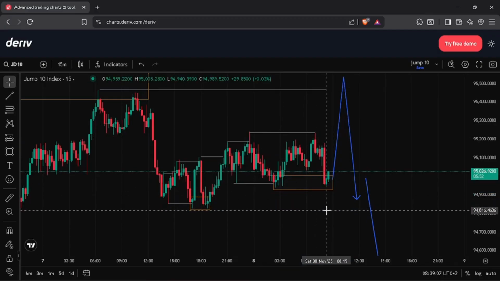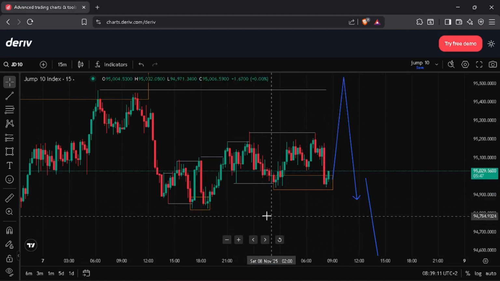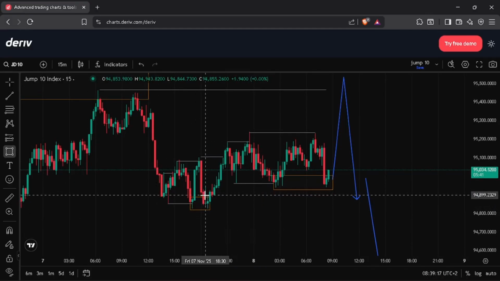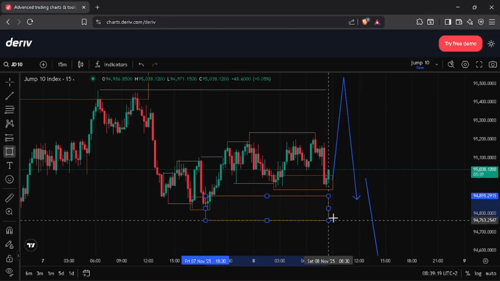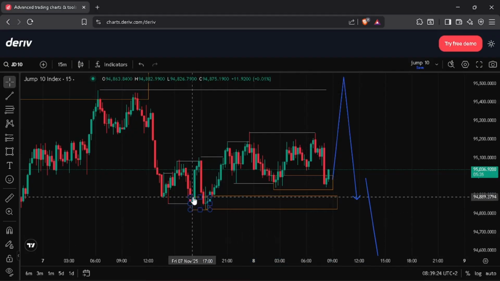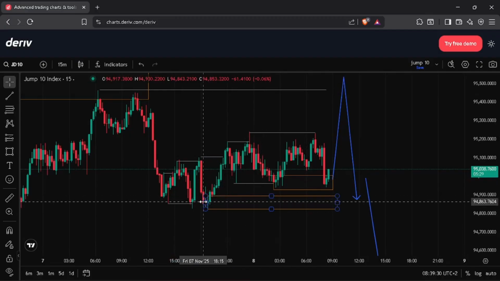As you can see, it is going up as intended, but we might be lucky enough that it comes to this level right here, this support zone here.